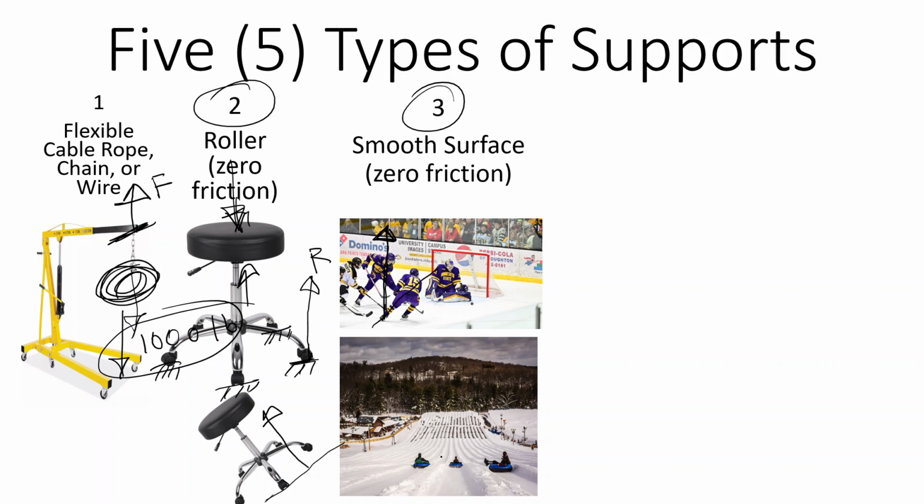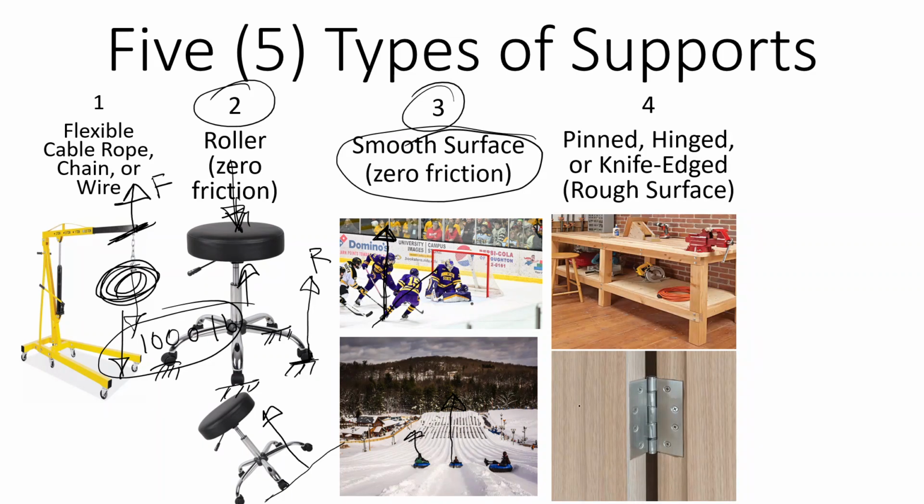It doesn't matter. For this snow sliding situation also, it's not vertical, it's going to be perpendicular to the surface, so it's going to be a little bit towards the heel. So for a smooth surface, the reaction is exactly perpendicular.